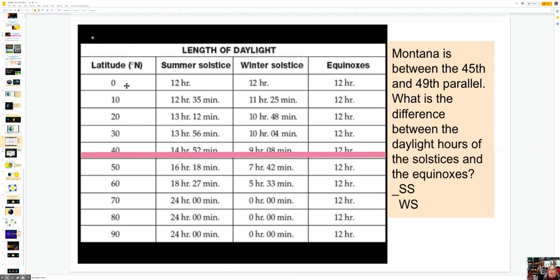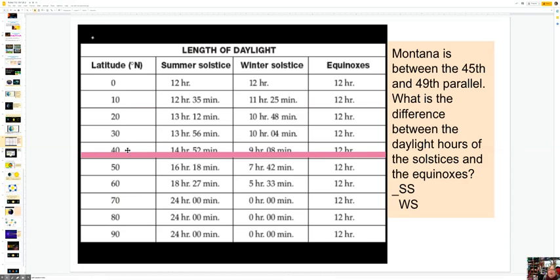Now, kids, always, always, always, we're looking at the length of daylight, but kids, here on the lines of latitude, 0 is always going to be the equator. And so if you think that you'll forget that, kids, you might want to add a text box or add a little note down here in your speaker notes.